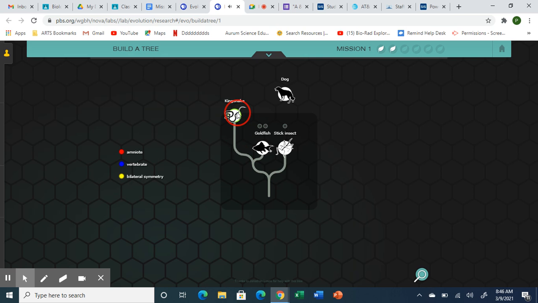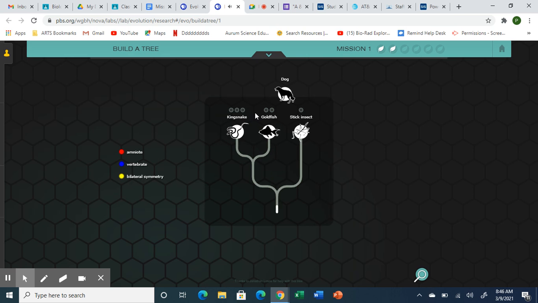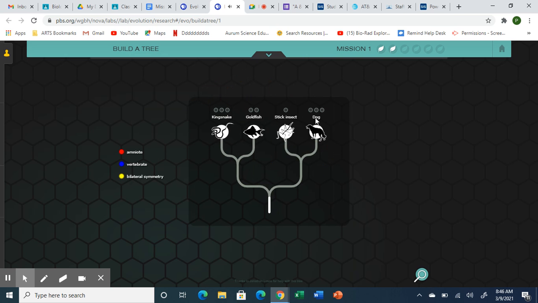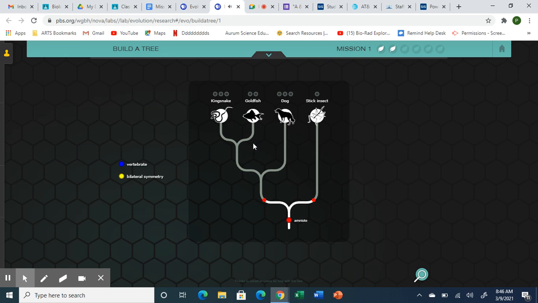Fish, snake, dog. So they're all amniotes. No, they're not all. So let's bring the dog over here and put the amniotes here. Does a snake have a backbone?